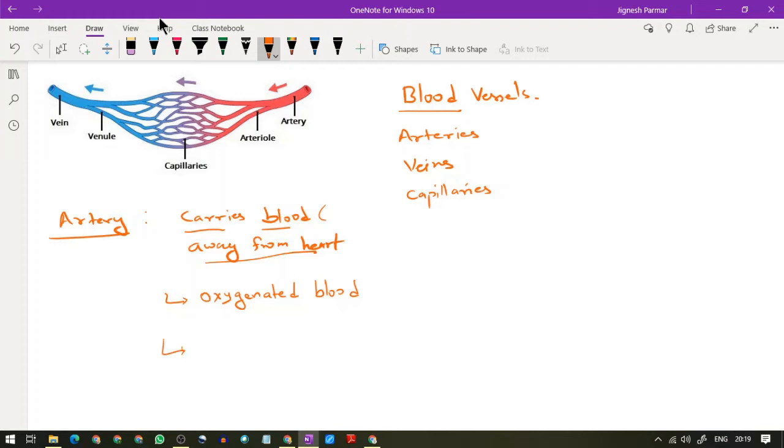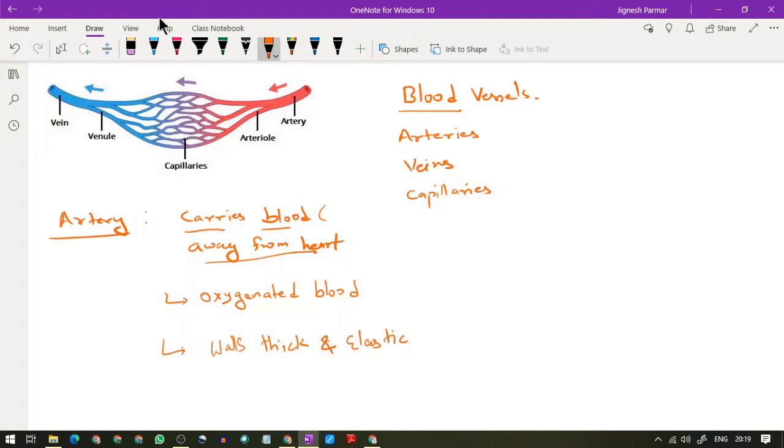Now, as they require a very high pressure, their walls are thick and elastic as well. Why? Because when pressure is exerted on the walls, if they are not elastic, they can burst. That's why arteries have thick and elastic walls.